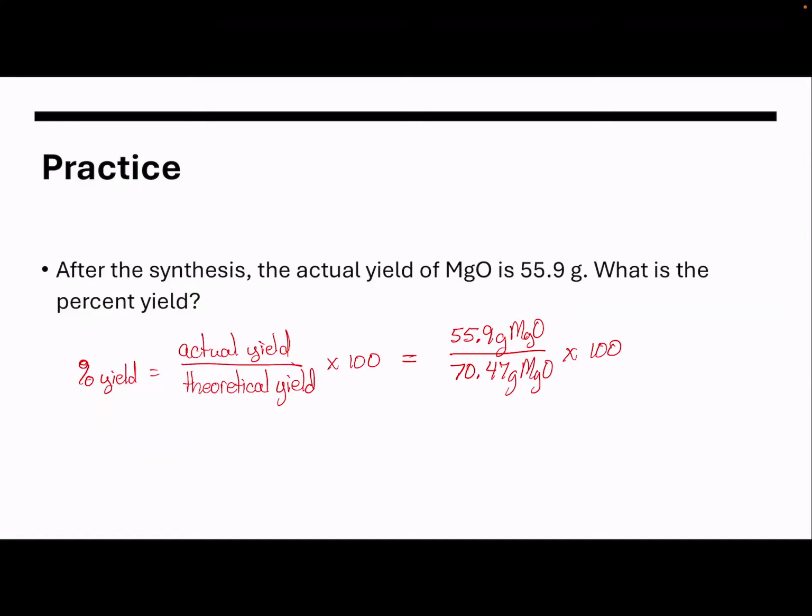So the percent yield in this particular reaction was 79.3% for the formation of magnesium oxide. Questions?